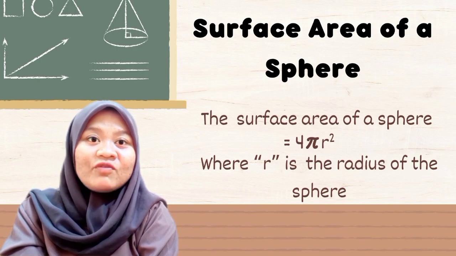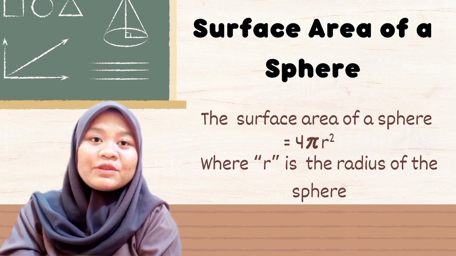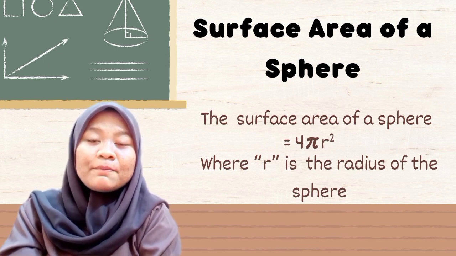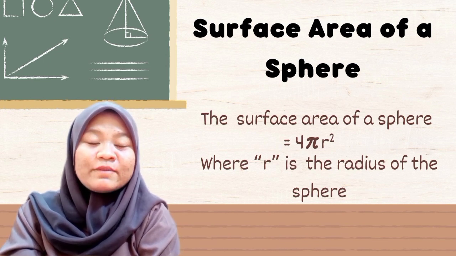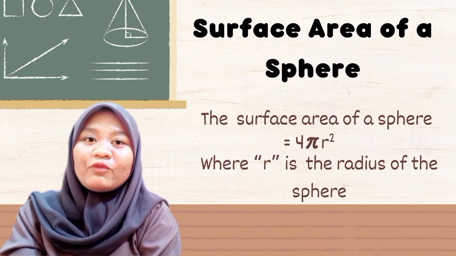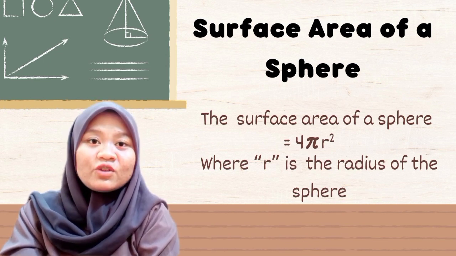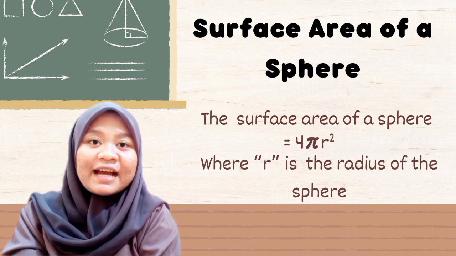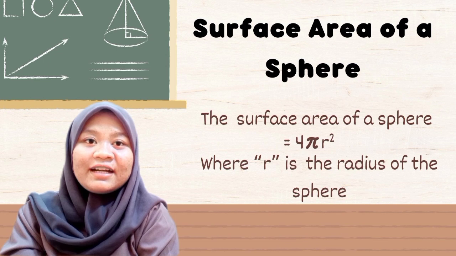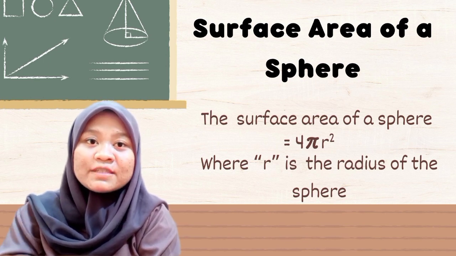Surface area of a sphere. The surface area of a sphere is the total area covered by the surface of a sphere in three-dimensional space. The formula of surface area is given by the surface area of a sphere is 4πr squared, where r is the radius of the sphere.